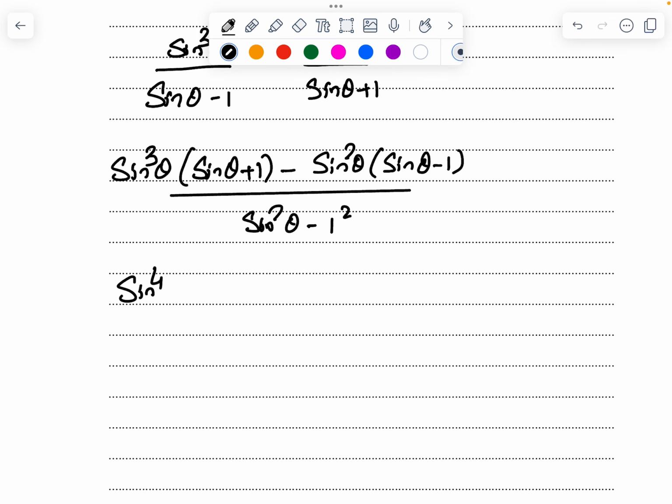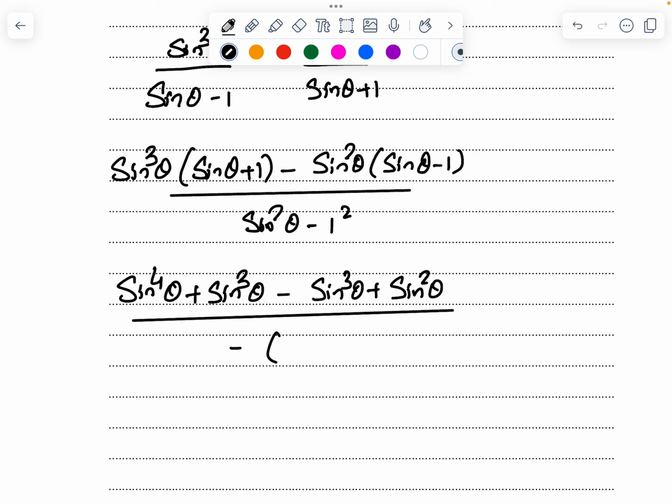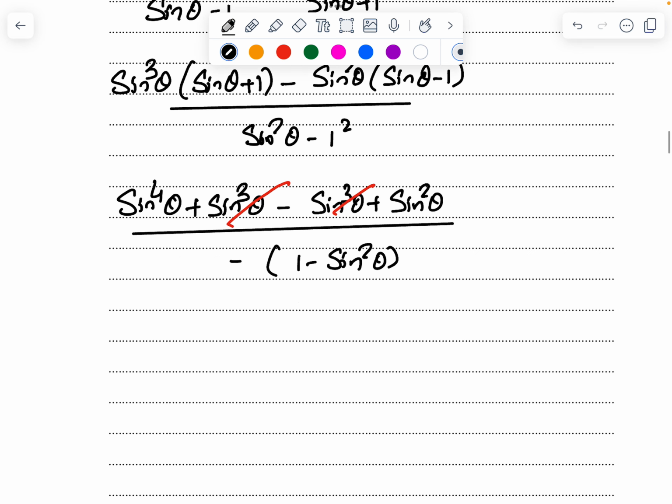Expand it out, it becomes sin⁴θ + sin³θ − sin³θ + sin²θ, divided by the common denominator, minus (1 − sin²θ). Sin³θ cancels. I am left with sin⁴θ + sin²θ divided by −cos²θ.